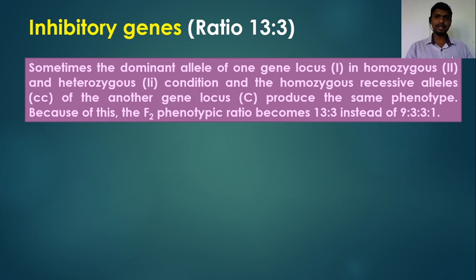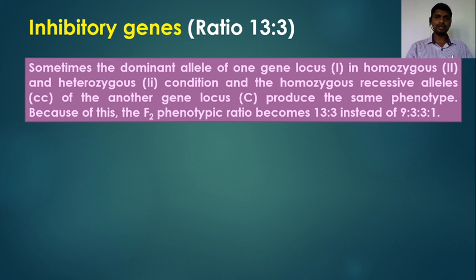Suppose here there are two genes, one is the I gene and another one is the C gene. This C gene is responsible for the color production. C stands for the color, while I stands for inhibition or inhibitory gene.